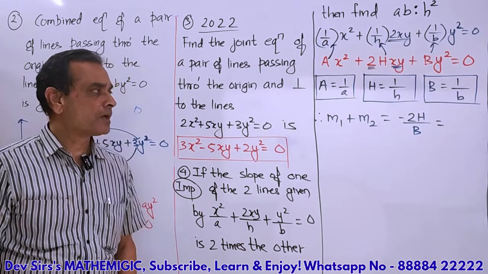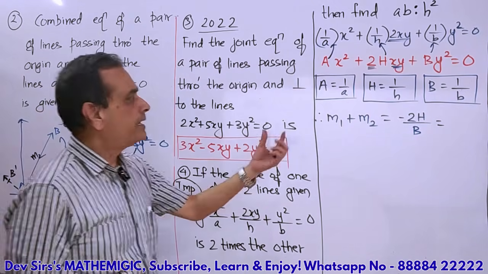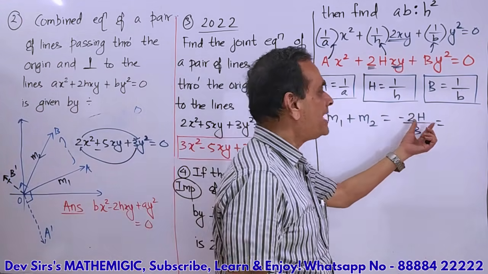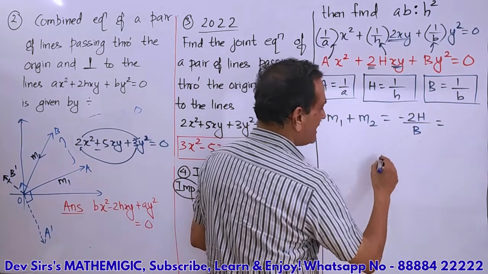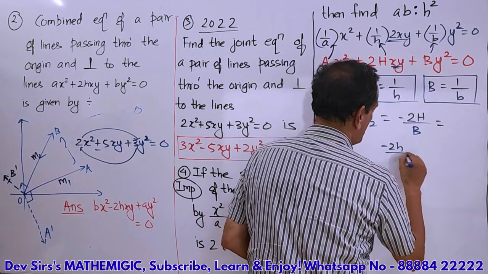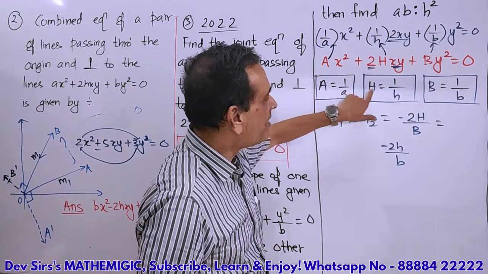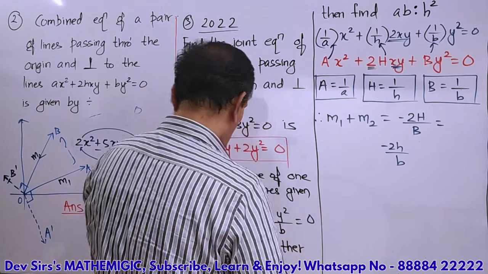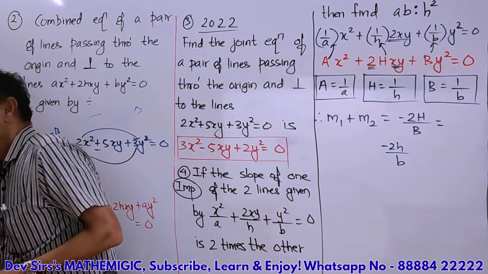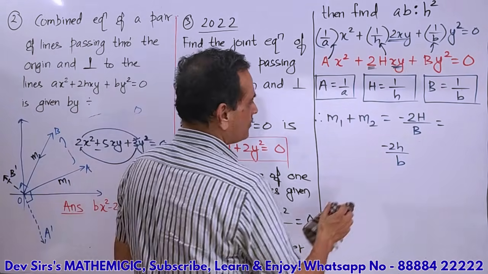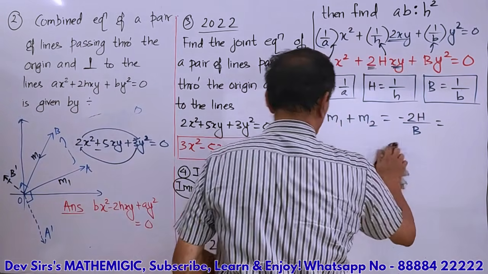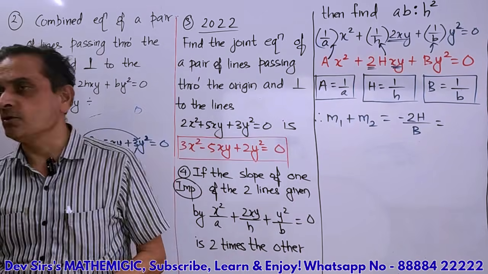Clear? Now the usual formula: m1 plus m2 equals minus 2h upon b, which we usually write this way. But not now, because we have capital letters. So minus 2 capital H upon capital B. Once we find this, just substitute the values.